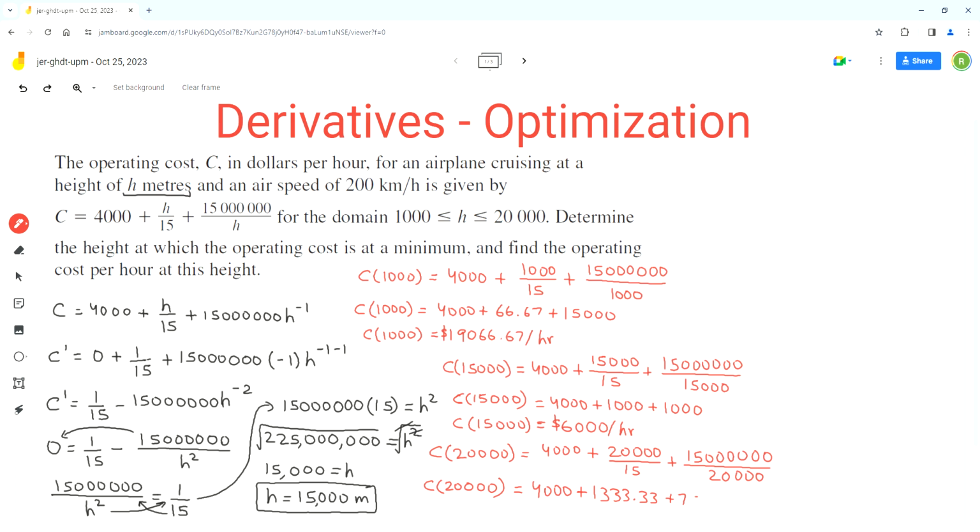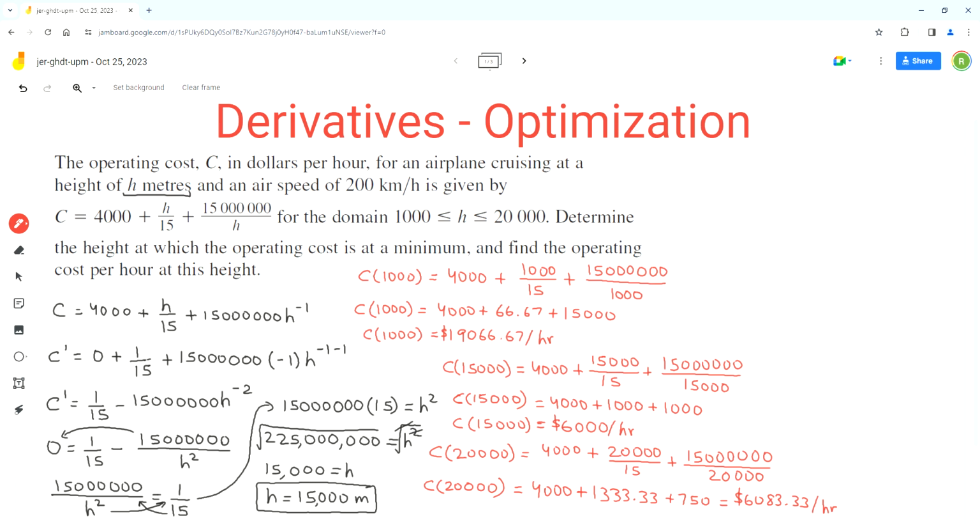And now we can add these three numbers. So we get 4,000 plus 1,333.33 plus 750. I got 6083.33, and the unit will be dollars per hour.